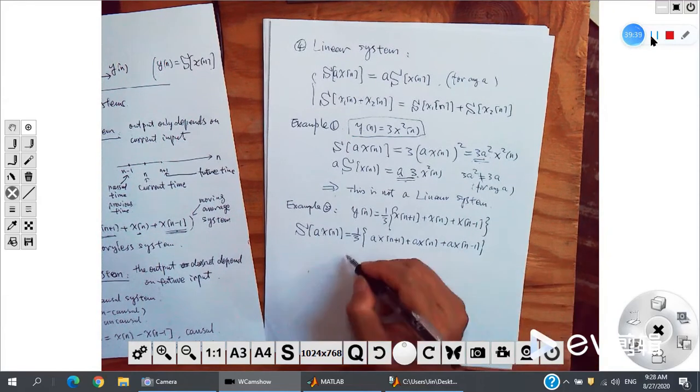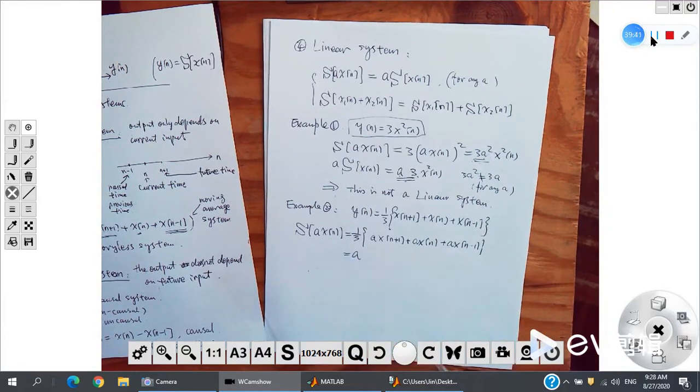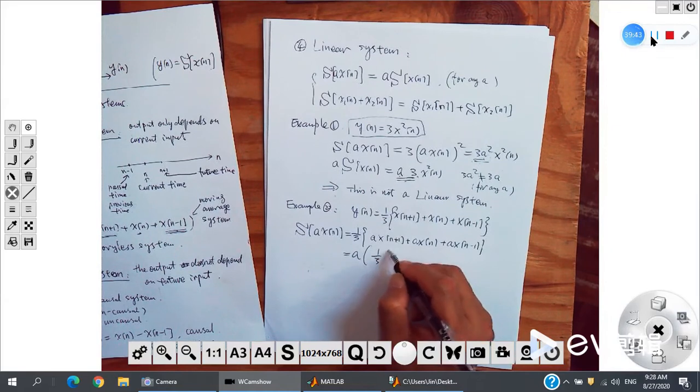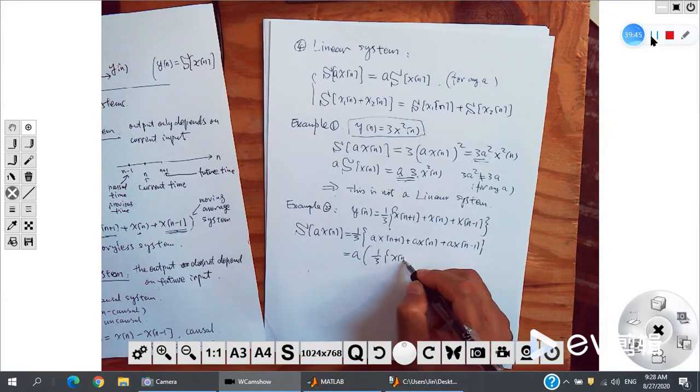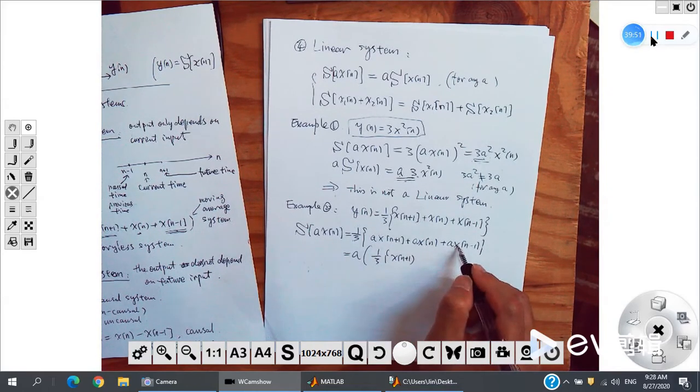Oh, this is just you move a in front, right? A times 1/3 of x of n plus 1, right? You move a in front. All these three terms have a as a factor, right? So I move it in front.